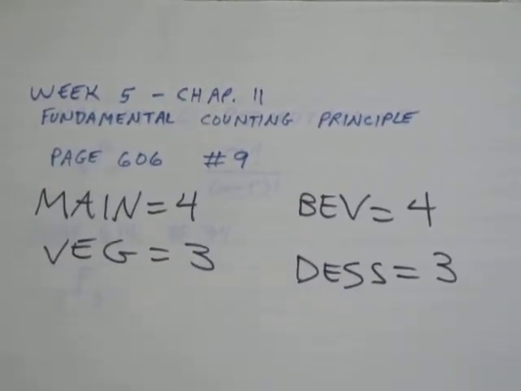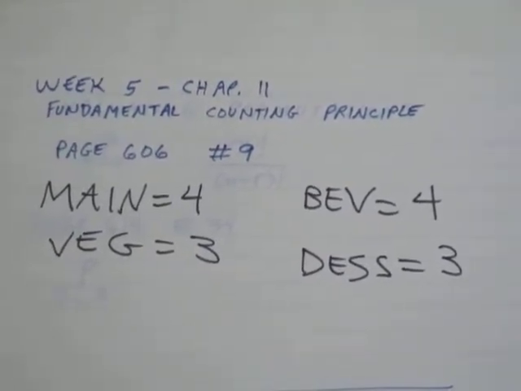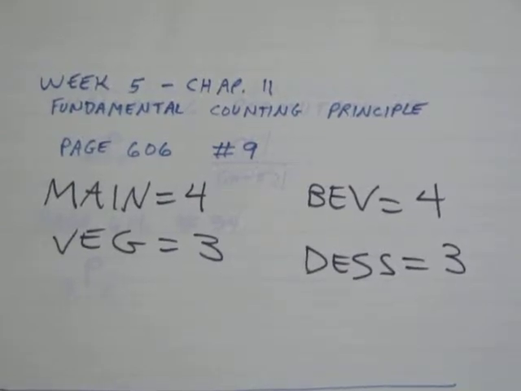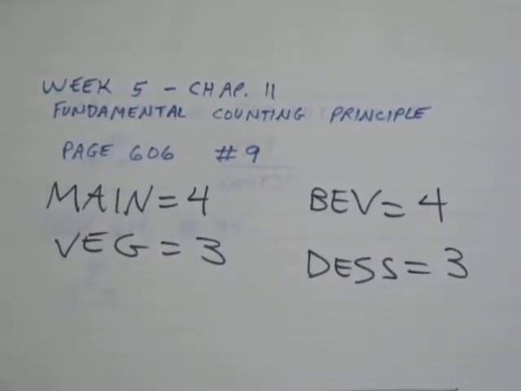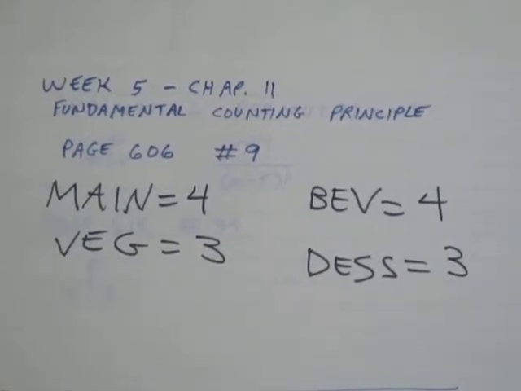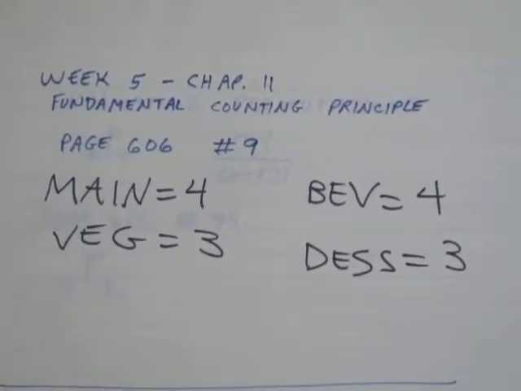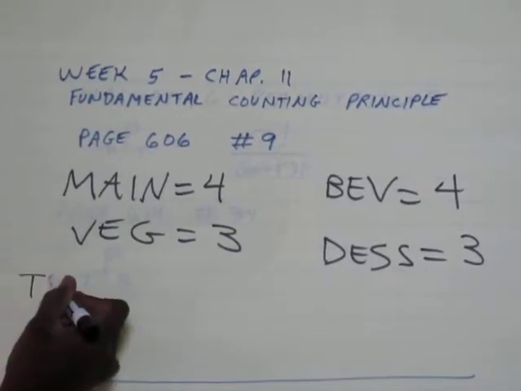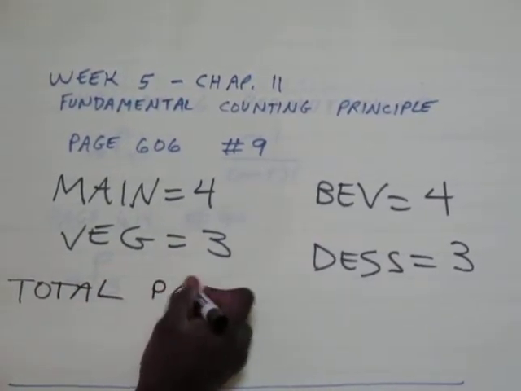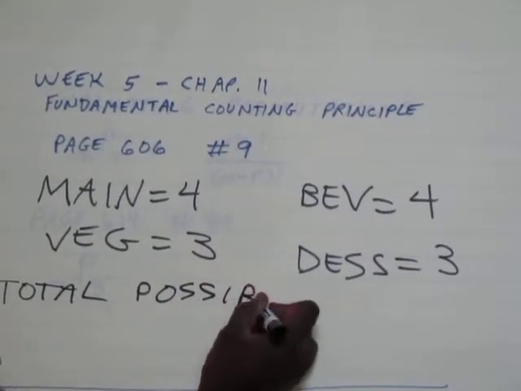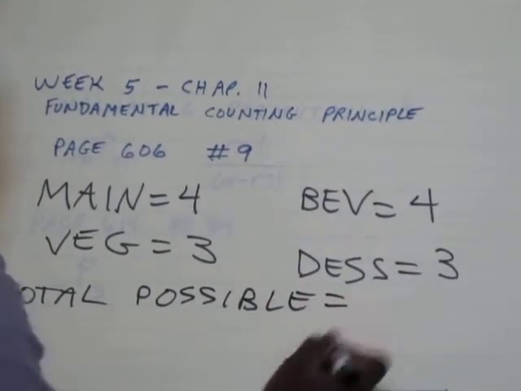The fundamental counting principle would look at this as a 4-stage process where at each stage you're making a selection. And the number of choices is the number you're going to put in. So the total possible is simply a product.